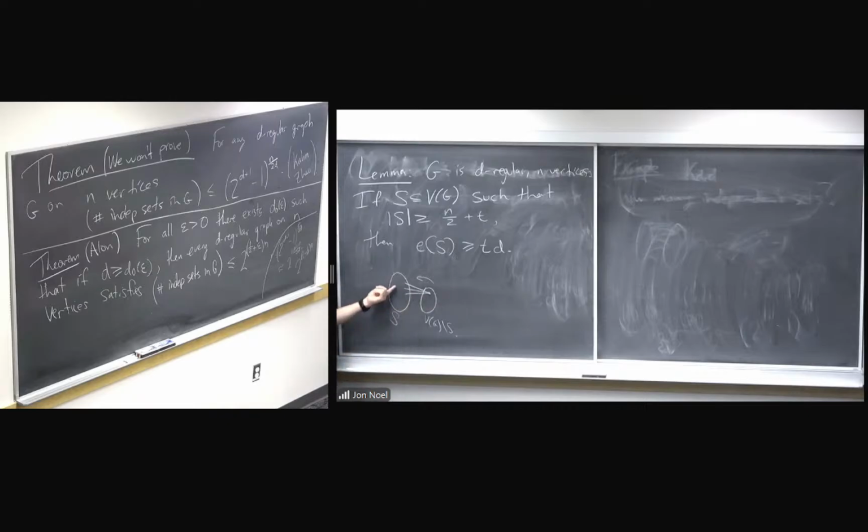But everyone here has to have degree at least d, and there are more of these vertices than there are these ones. So in order for these ones to all have degree d, there's got to be a lot of edges among these ones to get their degrees up to d. So that's the whole proof, and then you just count it carefully and you get this.